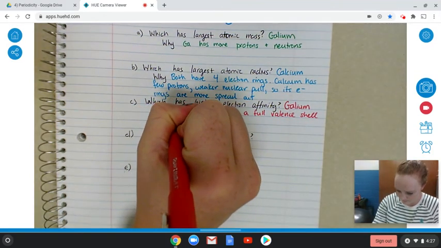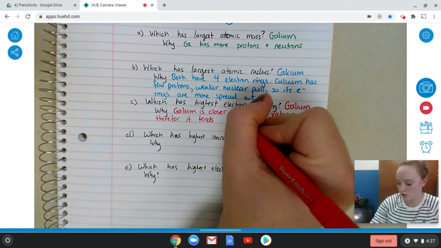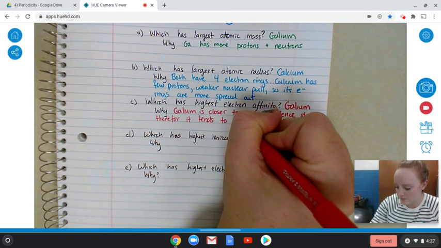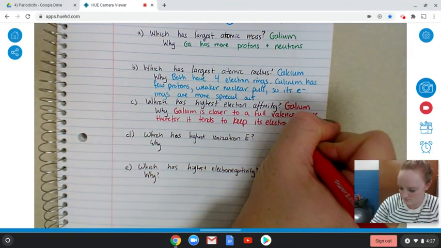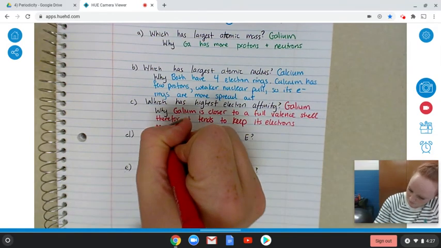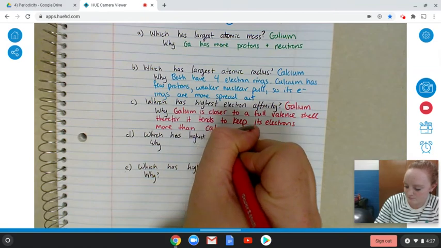Therefore, it tends, and here's my buzzword, to keep its electrons more than calcium.